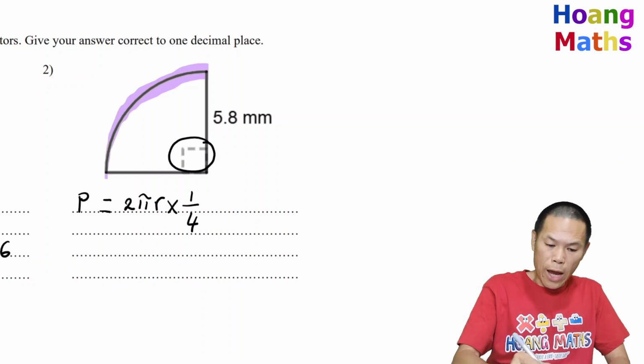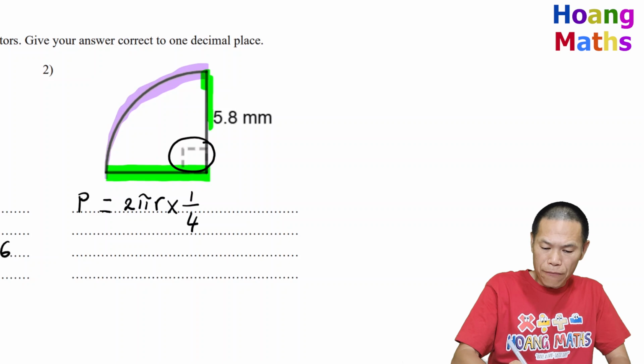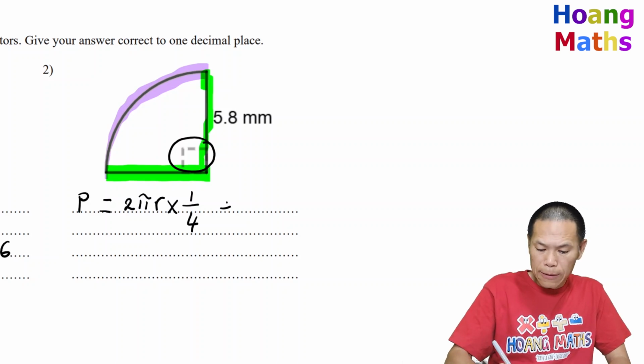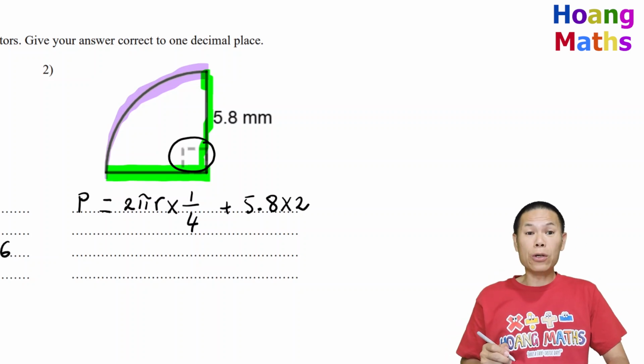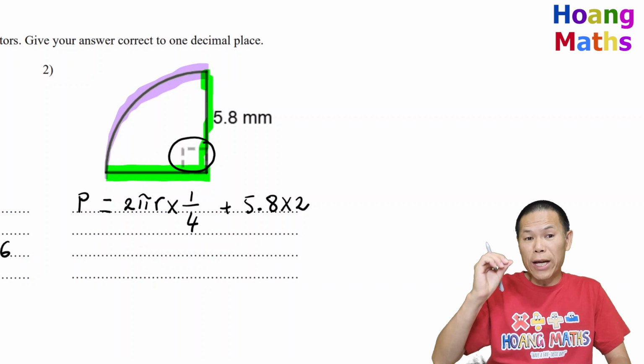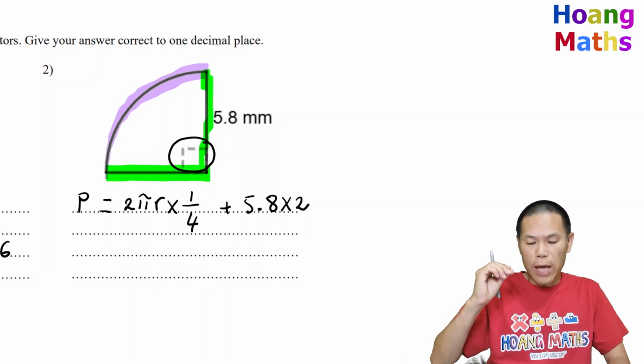And then we need to add 5.8 here and another 5.8. So that's two lots of them. So we just go plus 5.8 times 2. So there you go. Now we just replace radius with 5.8.